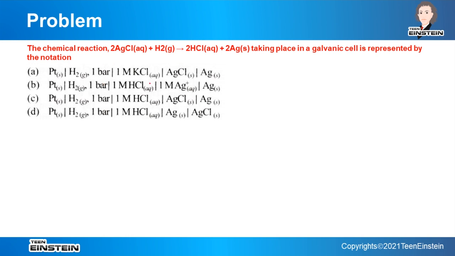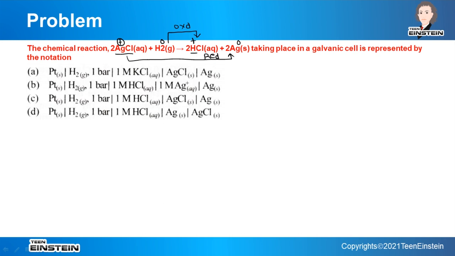So first of all you have to understand which species is reduced and which species is oxidized. So here the oxidation state of silver is plus, in the right hand side it is 0 because it is metallic silver. In the right hand side H is in plus oxidation state, here it is 0. That means this is the oxidation reaction and this is reduction. So silver plus to silver 0, that will be present in the right hand side.